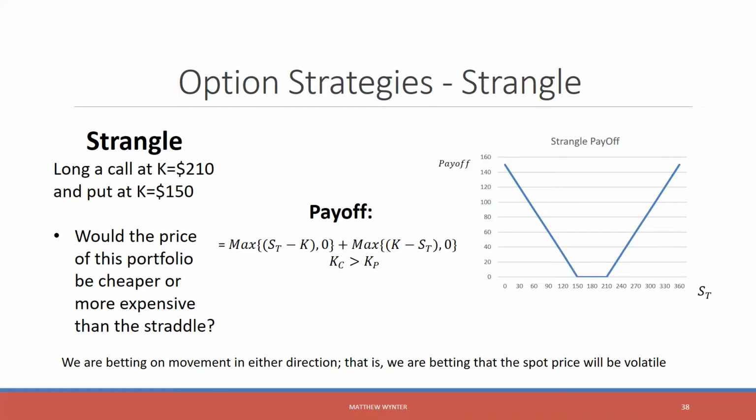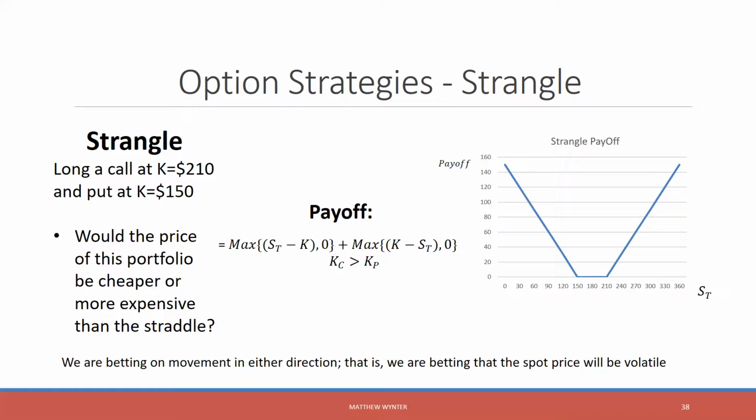We also can observe that we need that spot rate at maturity to move around a lot more than we did with our straddle. In other words, the expected payoff of this investment strategy is lower than the expected payoff of our straddle.